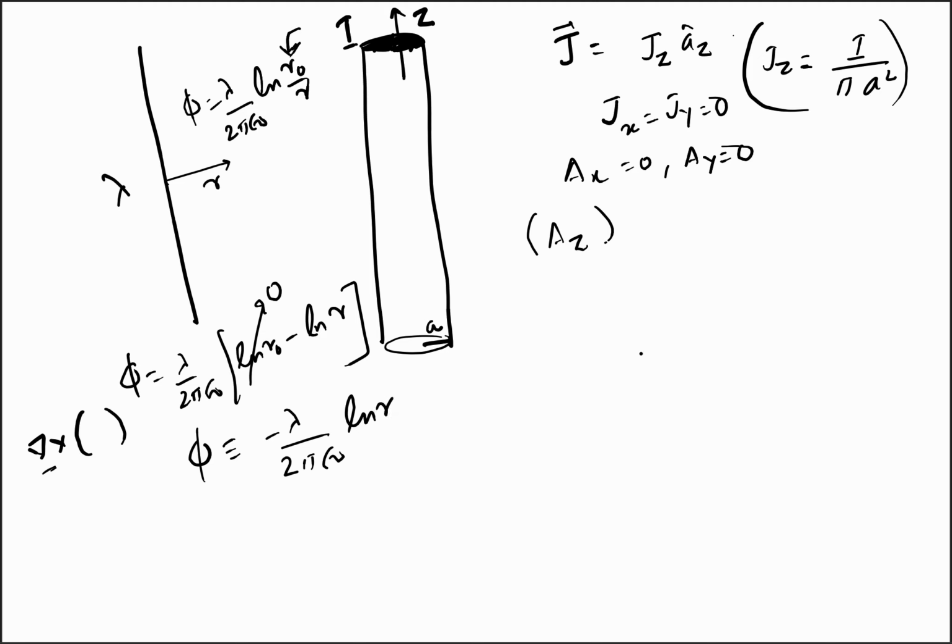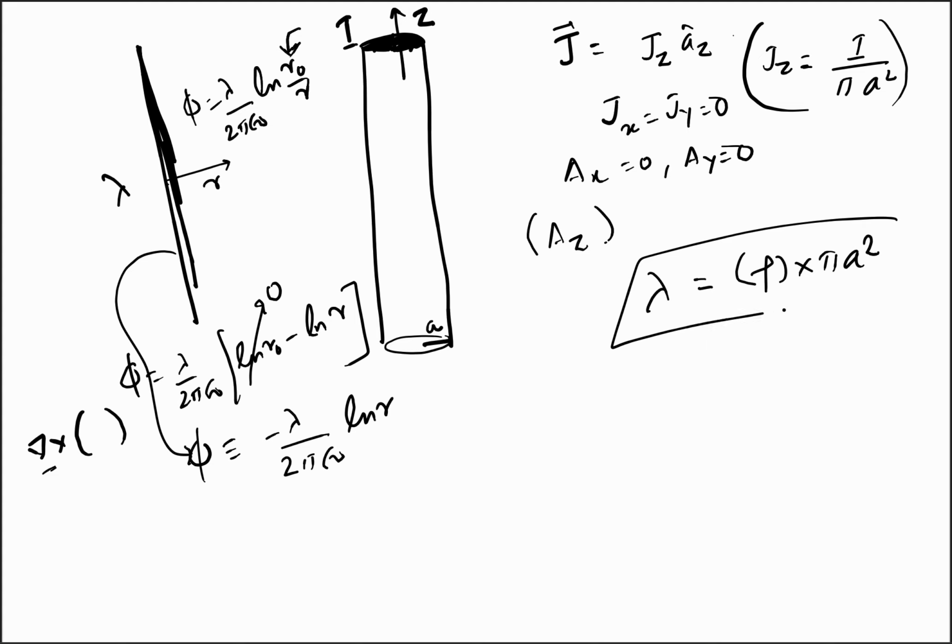Now for this case, when this was a line charge, we have this potential. Now a line charge can be written as volume charge into the area. So this is what we will require.